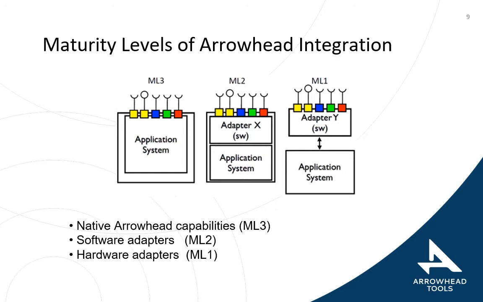If your system can be made Arrowhead compliant through a software adapter, we call that maturity level 2, or if your system can be compliant to Arrowhead through a hardware adapter, we call that maturity level 1. And of course, in the Arrowhead infrastructure, there are various software and hardware adapters available for various protocols and system types.